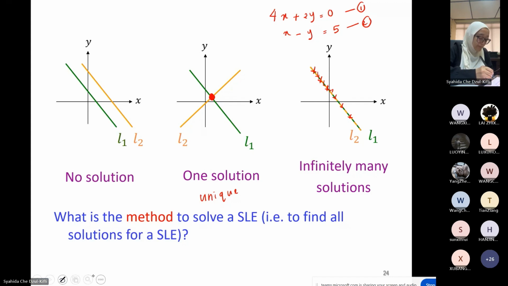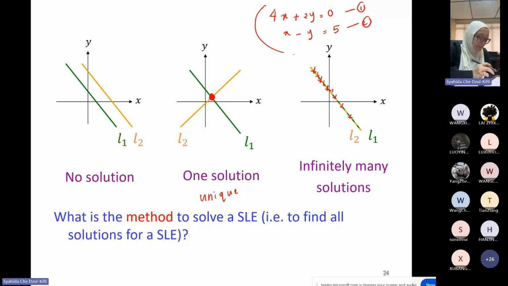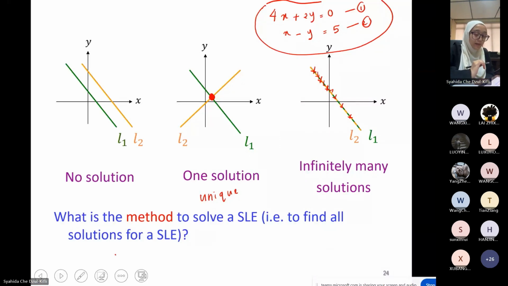Anyone? Will you be able to solve this simple system of linear equations? Yes. How are you going to do that?